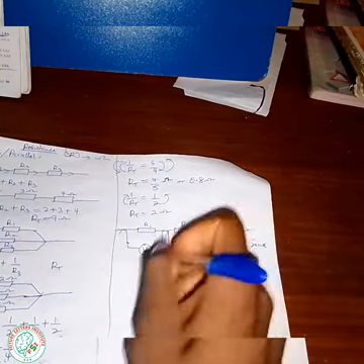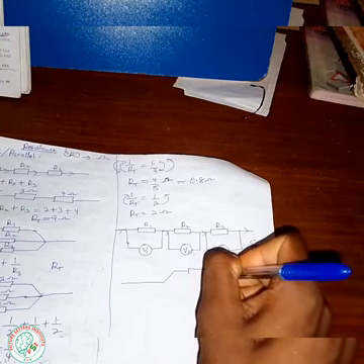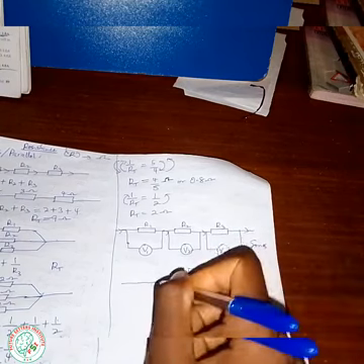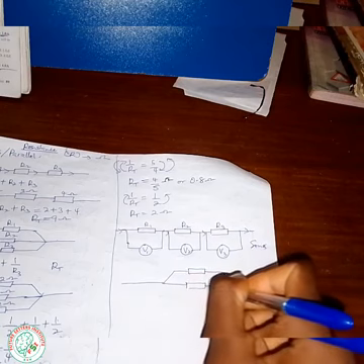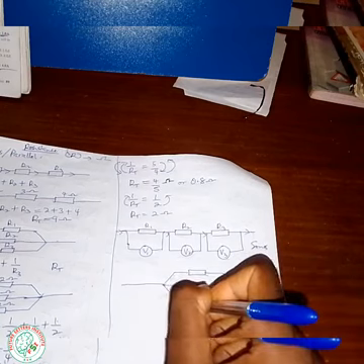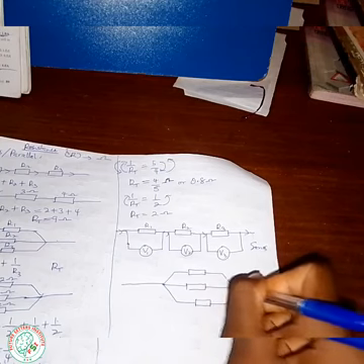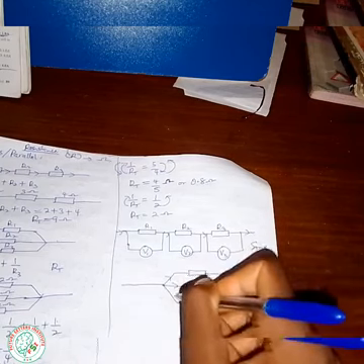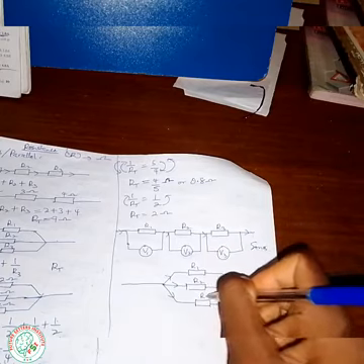Now we're going to do the same for parallel connection. So parallel connection like this, and like this. So this is R1, this is R2, and this is R3.